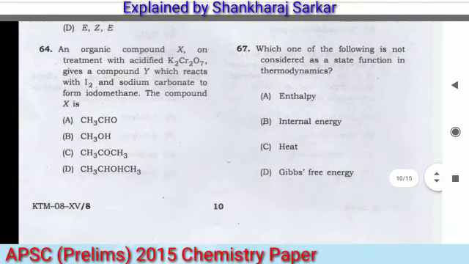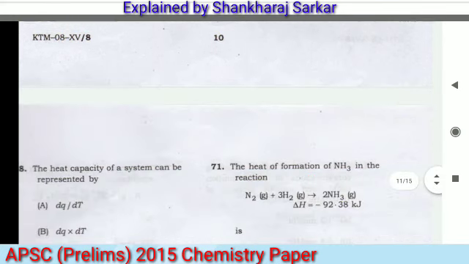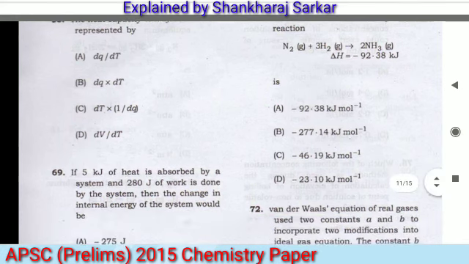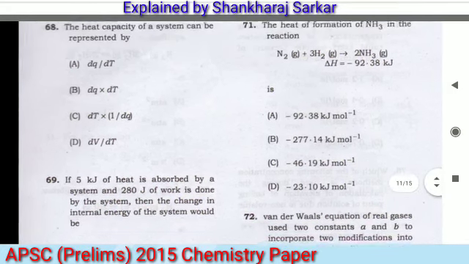The next question, which one of the following is not considered as a state function in thermodynamics? So heat is not considered as a state function. That's why option C is correct. Next question, the heat capacity of a system can be represented by dq by dt. This is the correct option. So option A is correct. dq by dt is equal to C, and which is called heat capacity.